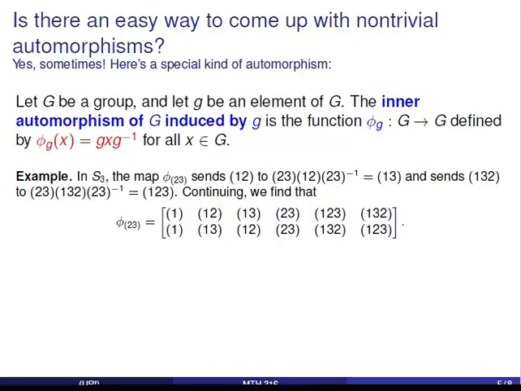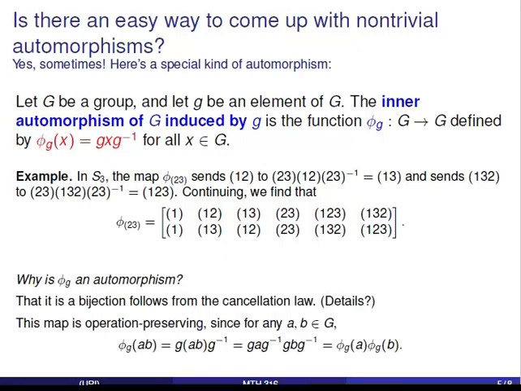More generally, why does conjugation by little g produce an automorphism of a group big G? Well, I'll leave it to you to prove that the map phi sub little g maps big G into itself and is one-to-one and onto. The cancellation law for groups we saw at the beginning of the semester will be helpful. Let's just take a look right here at why the maps phi sub g will always be operation preserving.